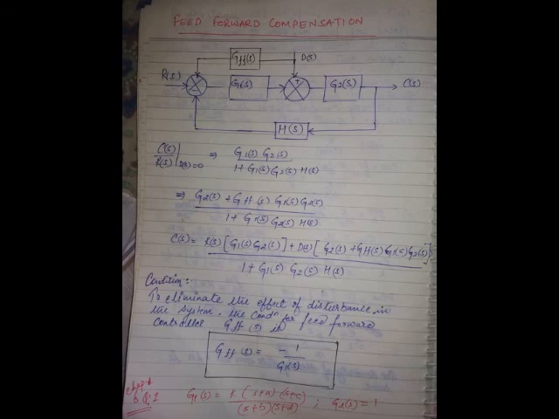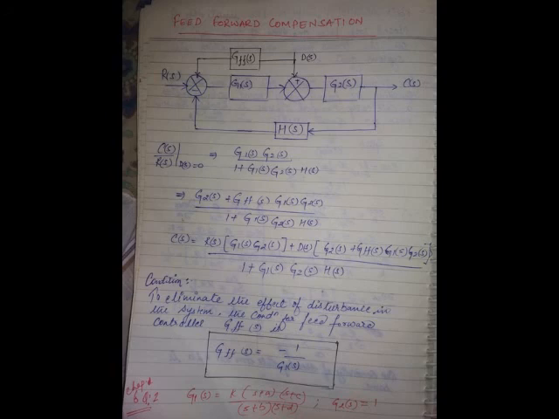Now if you look at this block diagram, what is G1 of S? K into (S plus A) into (S plus C) divided by (S plus B) into (S plus D). This whole thing is G1. What is G2? G2 of S is 1. So to eliminate the effect of noise, what is the condition of the feed-forward controller G_C? Minus 1 by G1.